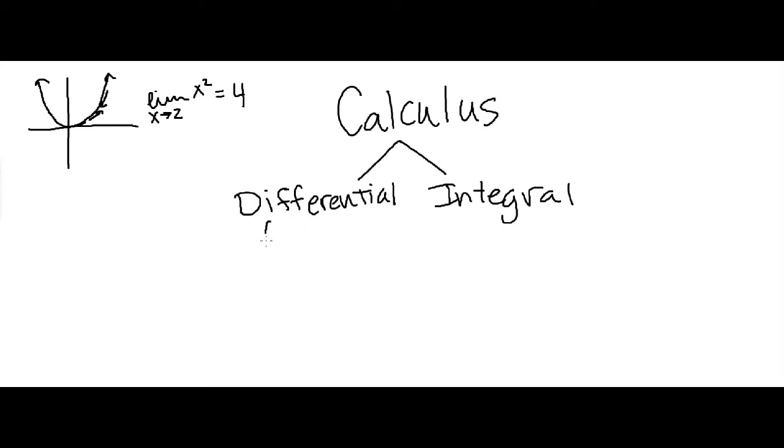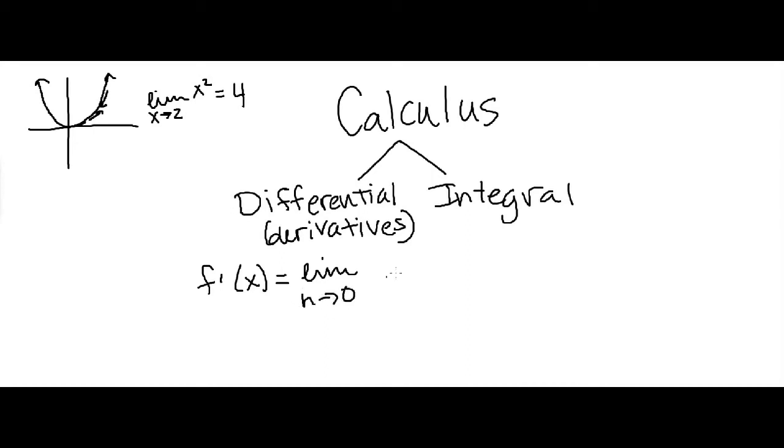When you first learn differential calculus, you have to learn how to find the derivative. That will be introduced to you as this equation: f prime of x is equal to the limit as h approaches 0 of f of x plus h minus f of x, over h.